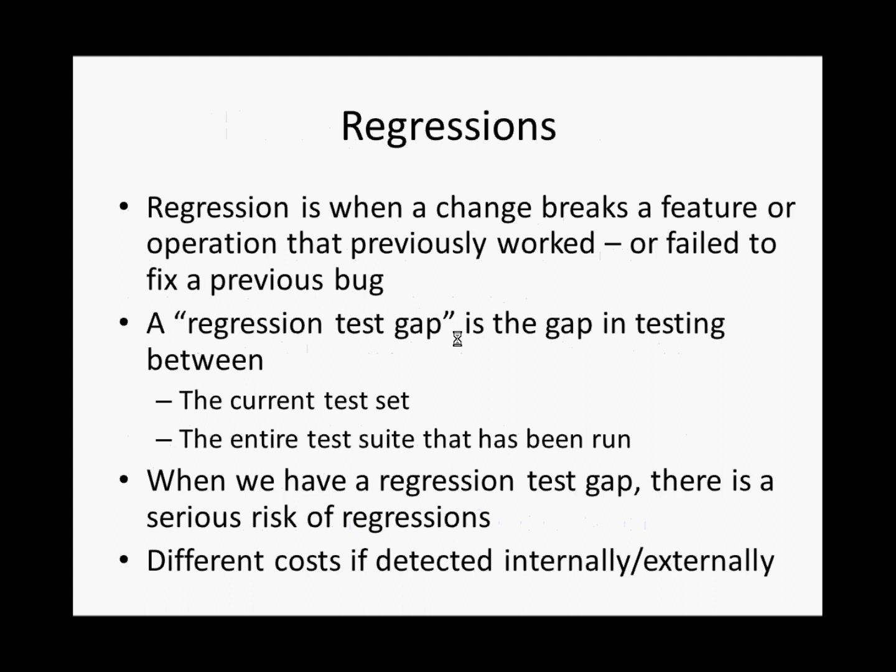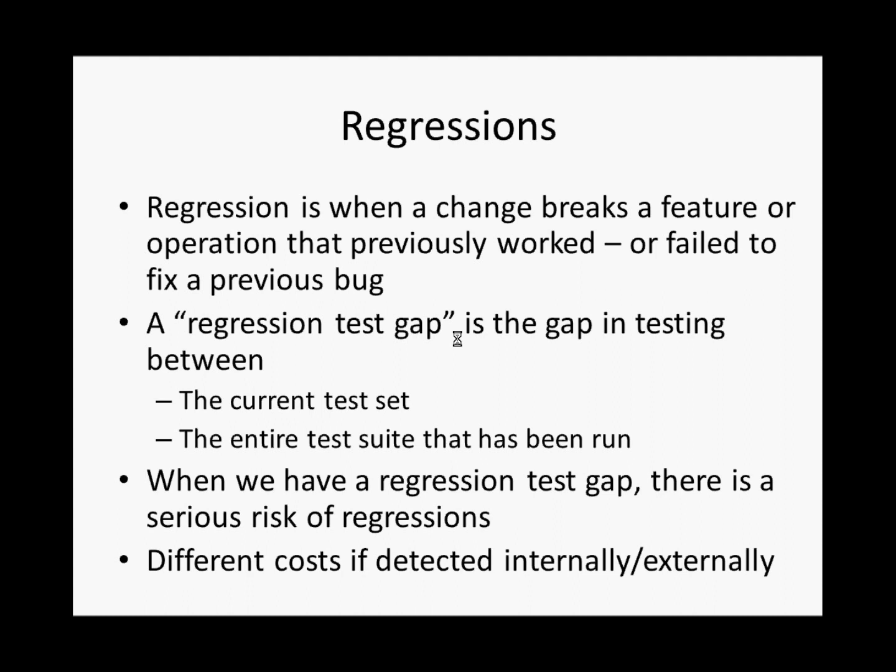The term regression is used actually quite a bit in the testing area in professional software development. But it carries different connotations in different sub-areas of that community. And combining two of those definitions, regression is when a given change to a program, a given update to a program, breaks a feature or operation that previously worked, or if a previously fixed bug reemerges.